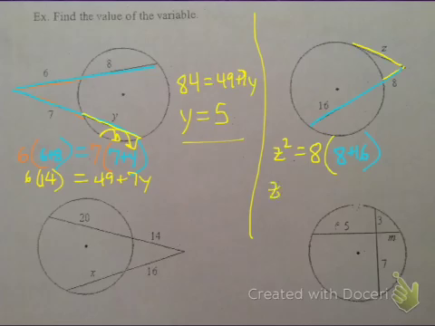Okay, so z squared is 8 times 8 plus 16 is 24. 8 times 24 is 192. So z squared equals 192. We want to square root that and simplify. When we do, we get z equals 8 root 3.